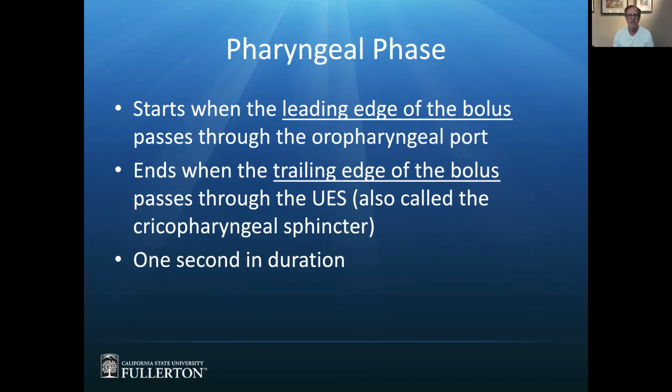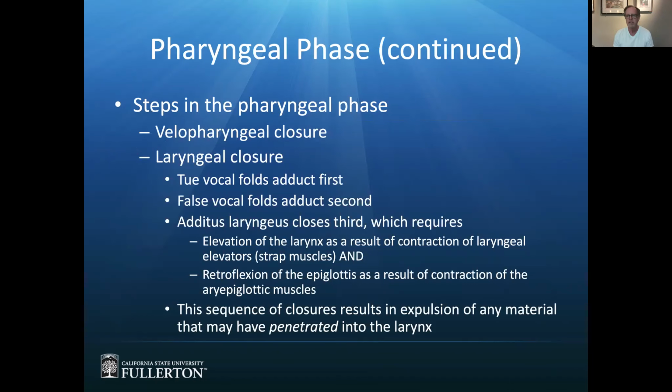All right, so that's just the timing of it. And here are the steps involved in it. And they're somewhat sequential, but also overlapping. And now let's start with that first one, velopharyngeal closure. That has to happen first, because the leading edge of the bolus is almost right there.